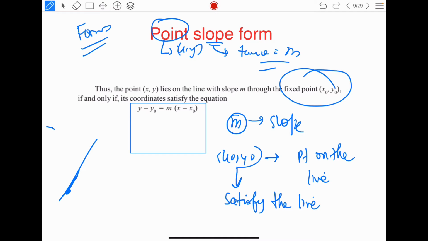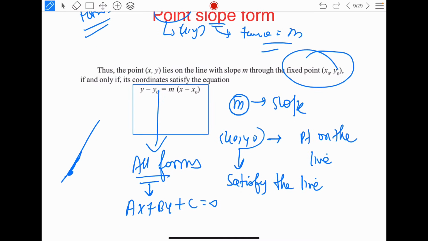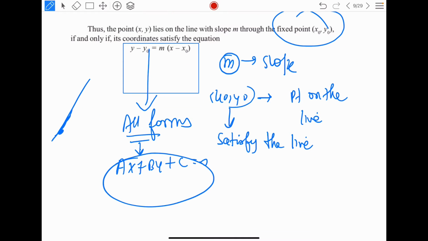Okay, one important thing: all the forms which you write for the equation of a line, in the end after solving have to be reduced to the general equation. Initially you can begin with this form if the question gives it, but after solving for x and y completely, after putting m, your final answer always has to be the general equation.